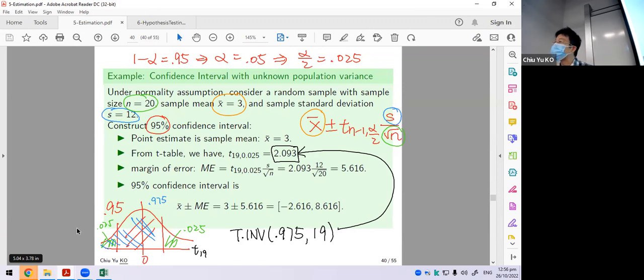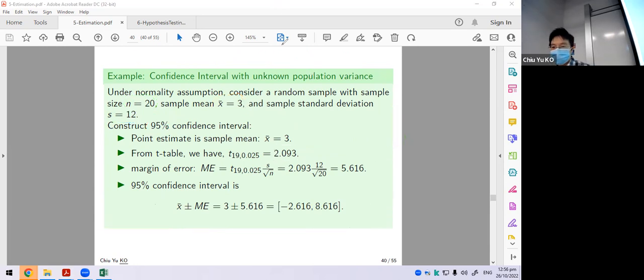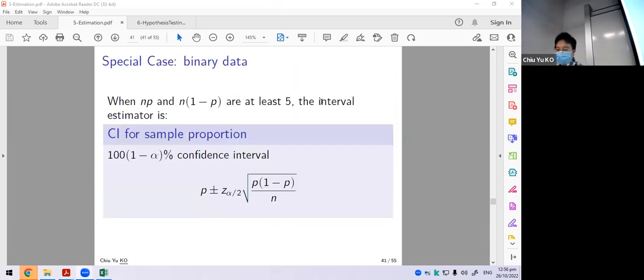Is there a question? If not, then we go to the next one. Now the other one is also very straightforward. This is another formula that applies to binary data, and you can see this is exactly the same formula.